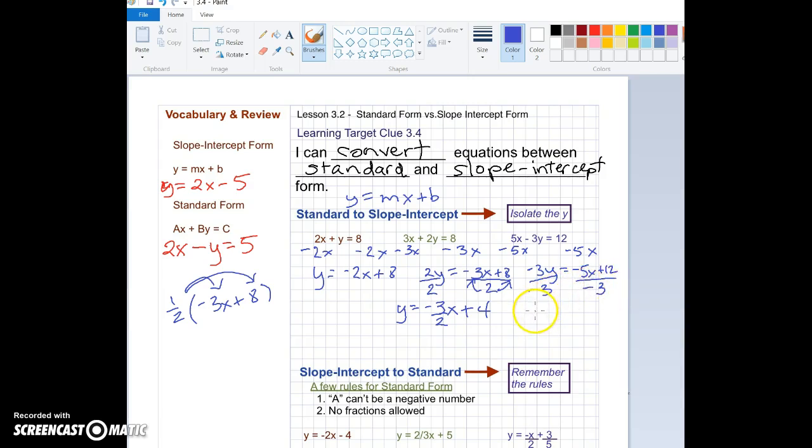And you should have ended up with y equals negative 5 divided by negative 3 is positive 5/3 x plus 12 divided by negative 3 is negative 4. All right, so those, pretty simple. If you're comfortable with solving equations and moving things around, you should be able to do this pretty easily. Just remember, the form is y equals mx plus b, and you have to isolate the y to get it by itself.